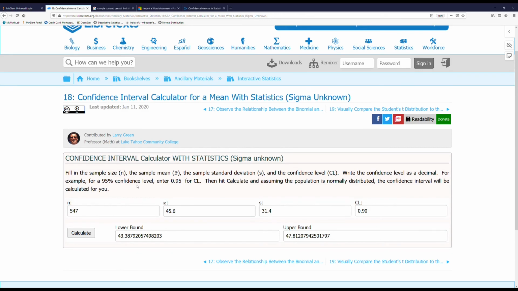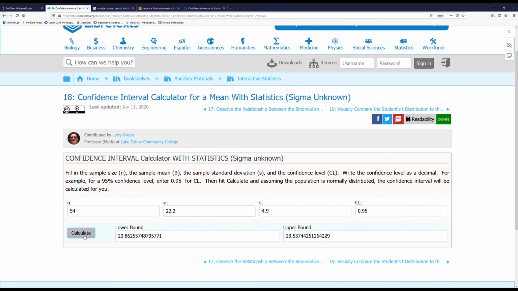For this question, we'll use the confidence interval calculator with statistics again. Make sure you enter the sample size, and in our case, our sample size is 54. Our sample mean is given to be 22.2. Our standard deviation is 4.9. And we're looking for a 95% confidence interval, so change the confidence interval to 0.95.